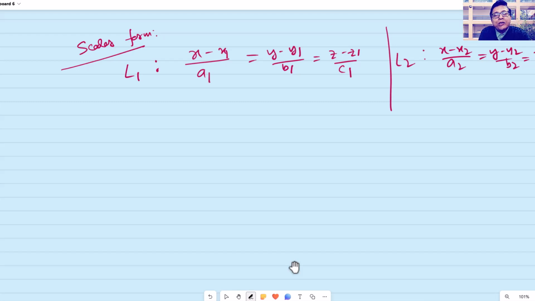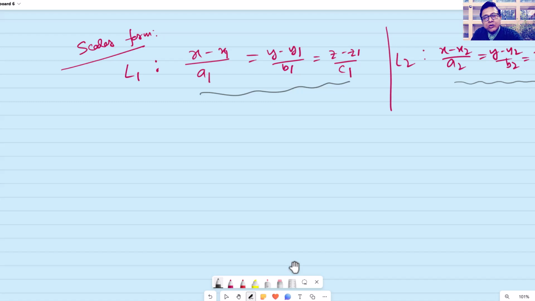Now, as I told you earlier, a line given in symmetrical form means these a1, b1, c1 and a2, b2, c2 are either direction ratios or direction cosines. The question is, how do you understand whether they are given as direction ratios or direction cosines?